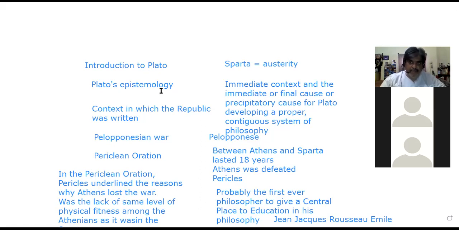But in Plato, in the Republic, education is the most prominent theme. It is absolutely the most prominent theme, a theme that you find running through the Republic. And Plato is radical for his times.